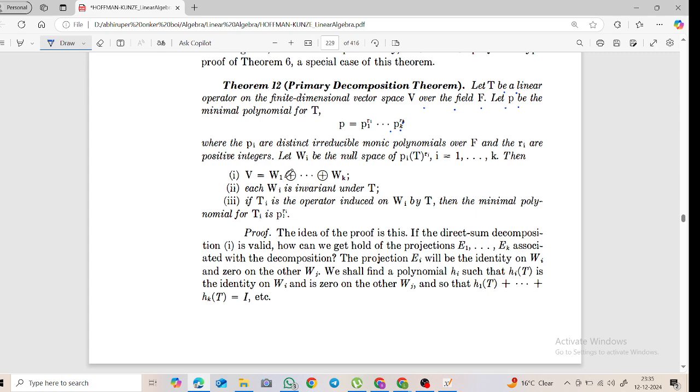Each Wi is invariant under T. If Ti is the operator induced on Wi by T, that is, Ti is T restricted to Wi, then the minimal polynomial of Ti is Pi to the power Ri. Okay.